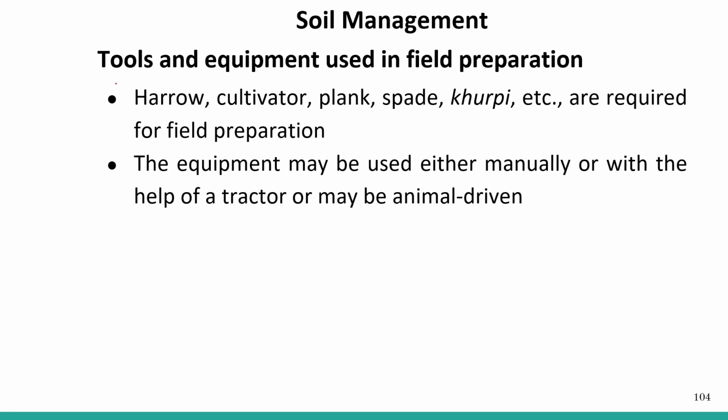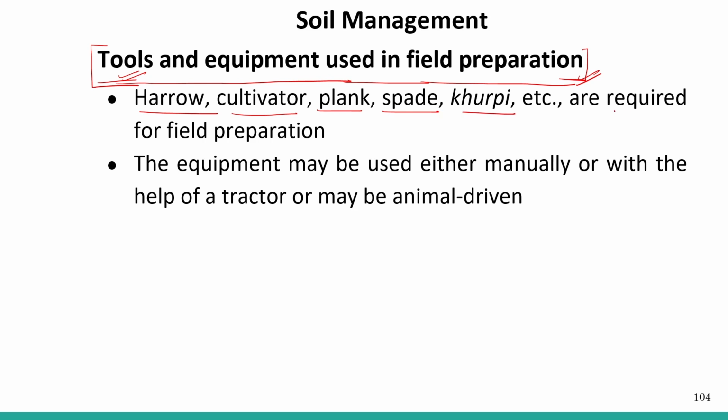So the tools and equipment that are used in field preparation. If we want flowers in our garden or any place, then we require some tools to manage the field. So what are those tools? Harrow, cultivator, plank, spade, and khurpi are required for field preparation.